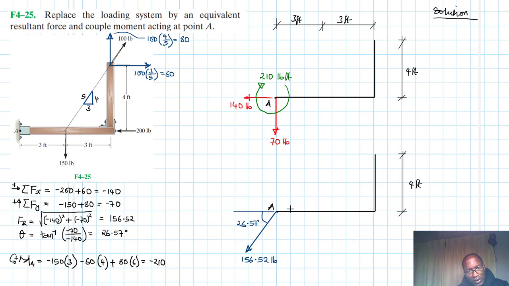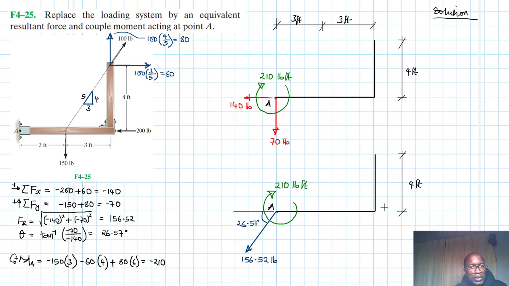And then we have our moment. This is our moment in this direction, still maintains as 210 pounds feet. Right, so this is really about it.